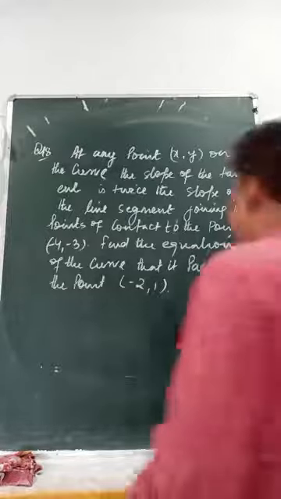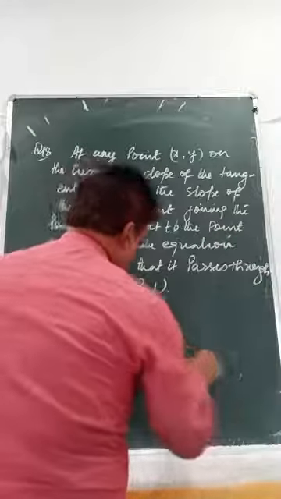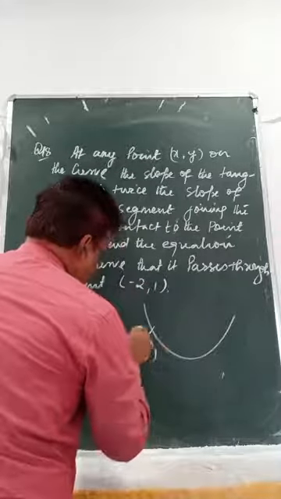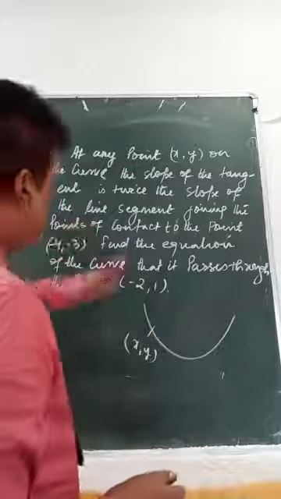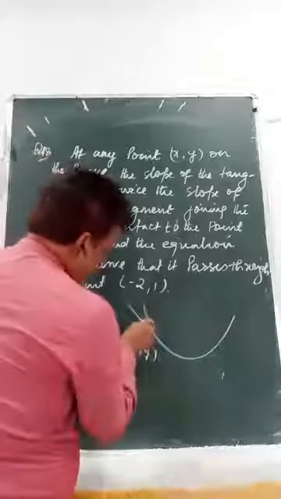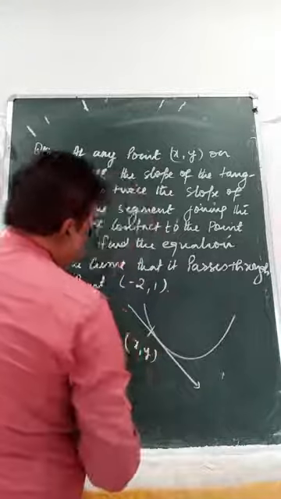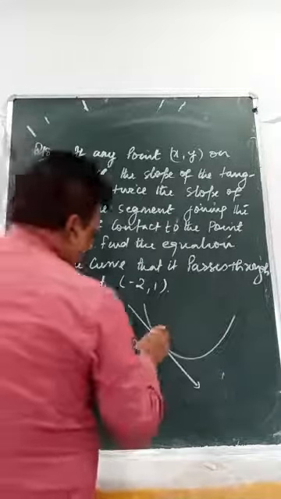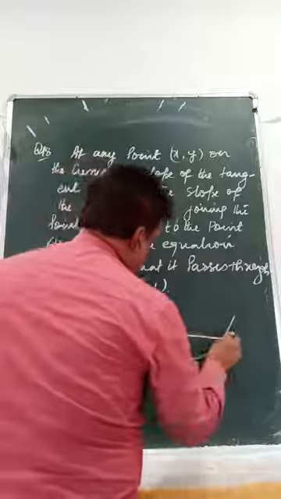So look here, any point (x, y) on the curve is here. The slope of the tangent is twice the slope of the line segment from the point of contact to the other point.